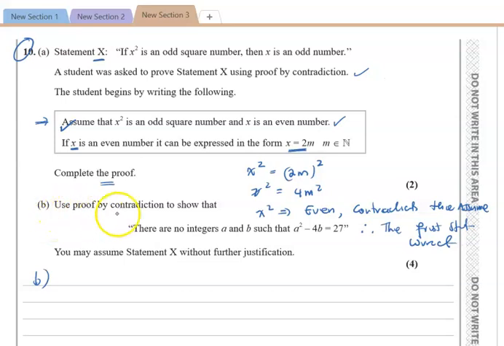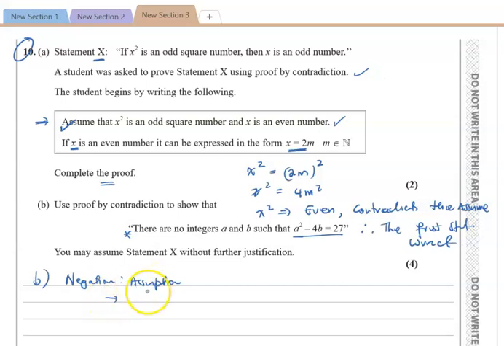It says, use proof by contradiction to show that there are no integers a and b such that a squared minus 4b equals 27. So what you need to find here is the contradiction, the assumption or the negation. The negation is the first thing you're going to make here.